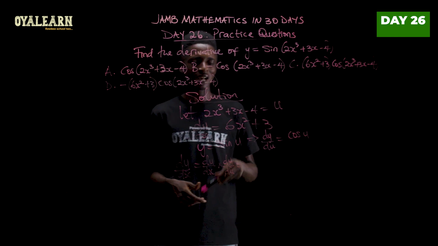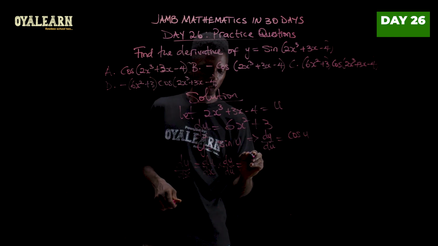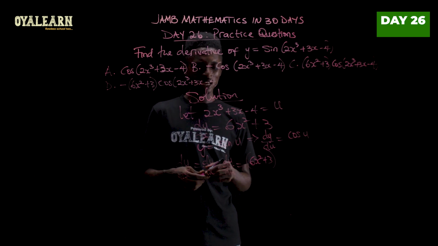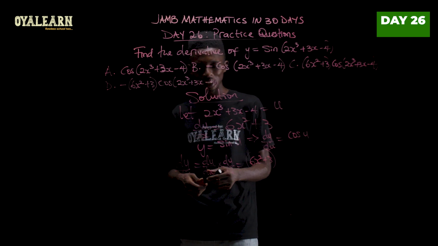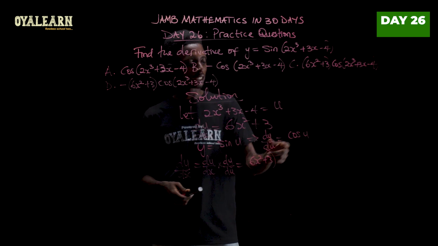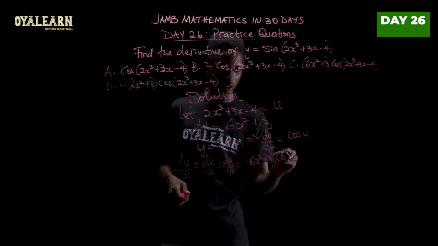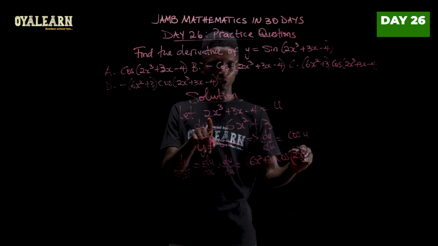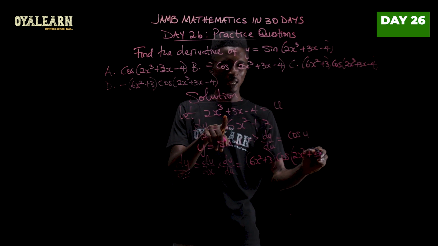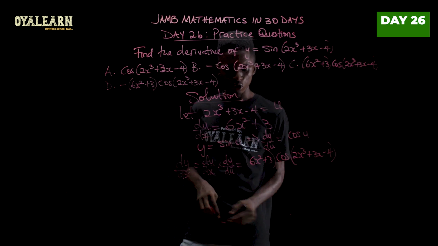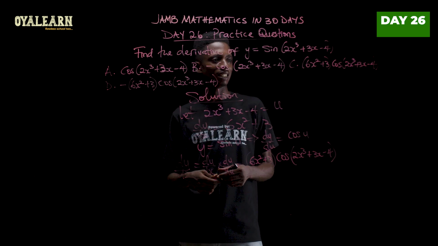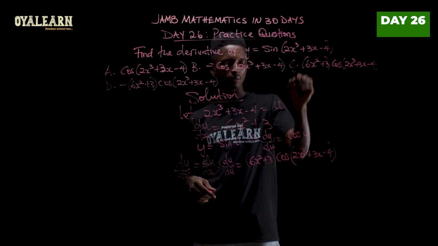We have du/dx as 6x squared plus 3, so 6x squared plus 3 in brackets. And dy/du is cos u. Now, what is u? u is 2x cubed plus 3x minus 4. So from the options we have, the correct answer is option C.